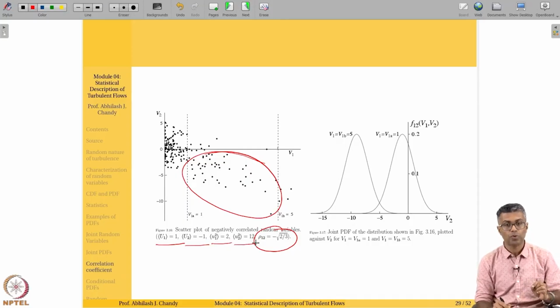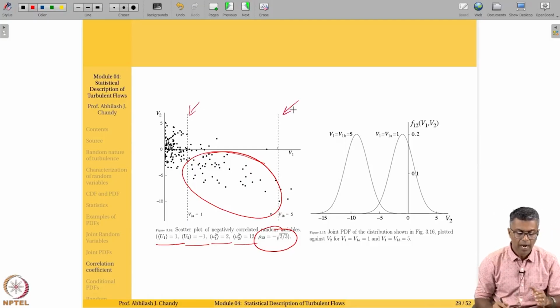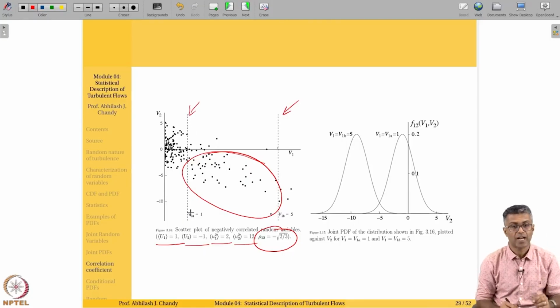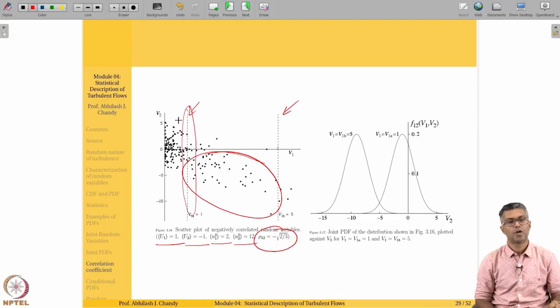Now, what I want to do is consider a conditional PDF, meaning you see this dashed line drawn here. So I want to consider all the points such that V1 is equal to 1. Meaning, what is the probability of all the points in this range? What is the probability of all the points in that range?